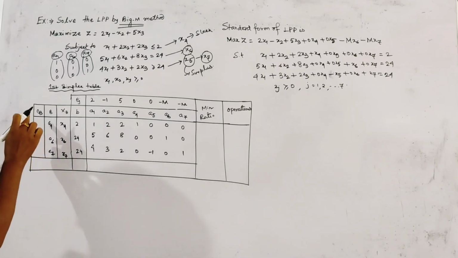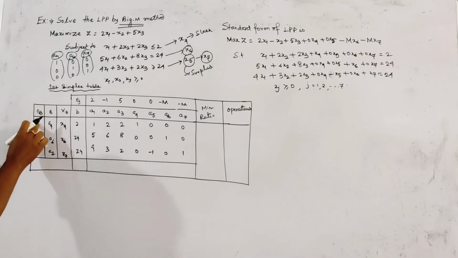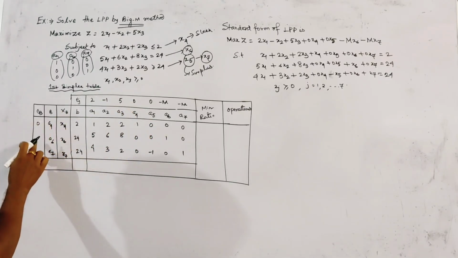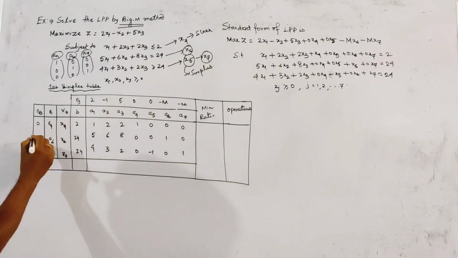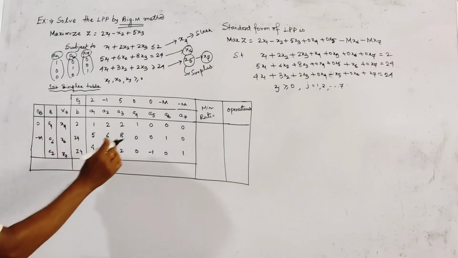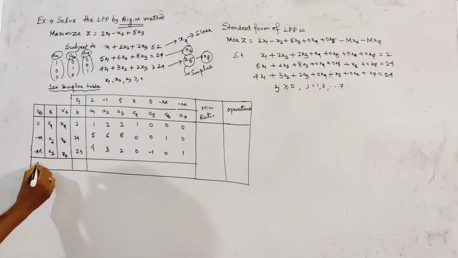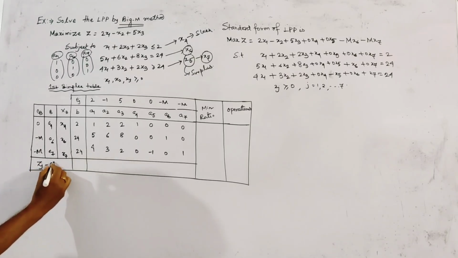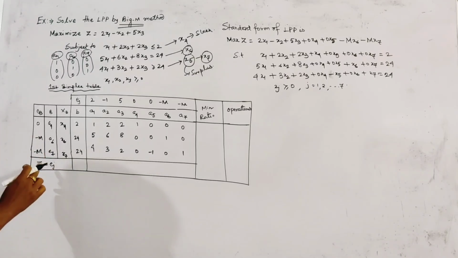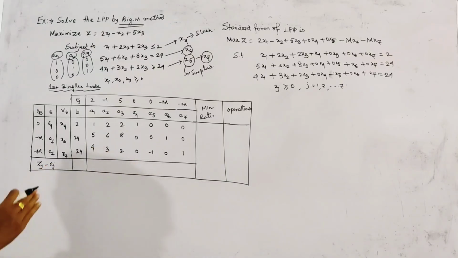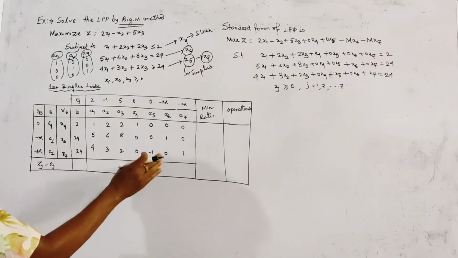We put Cb, the costs corresponding to the basis vectors: A4 is 0, A6 is minus M, and A7 is minus M also. Then Zj minus Cj gives the net evaluation of each column.